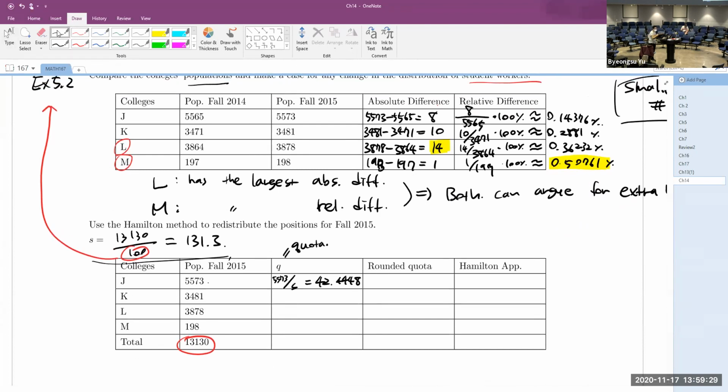So here, if you divide those numbers by S, which is this 131.3, the first one is 42.4448, and the second one is 26.5118, and 29.5354, and 1.50080.